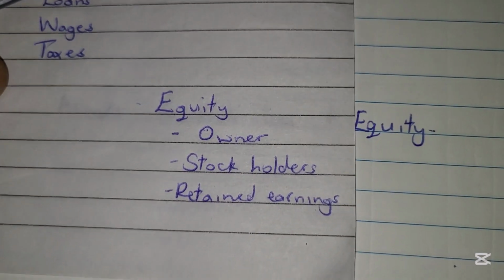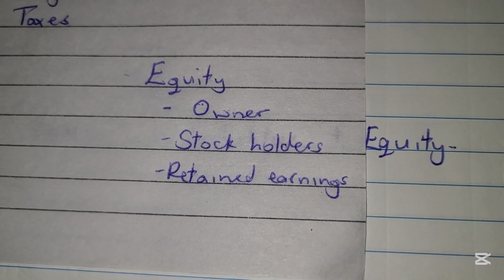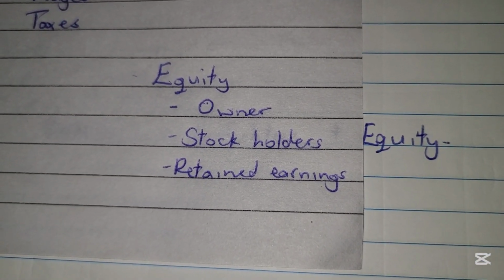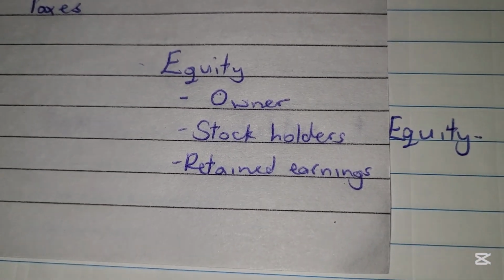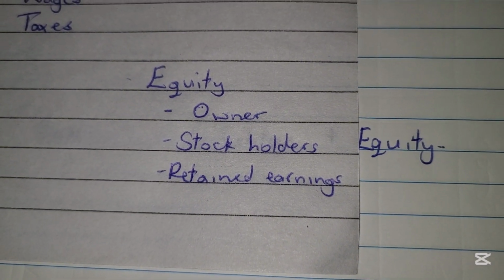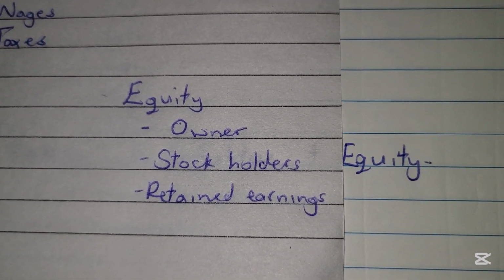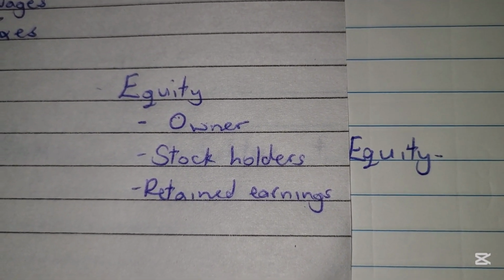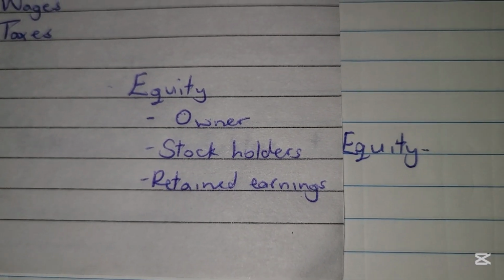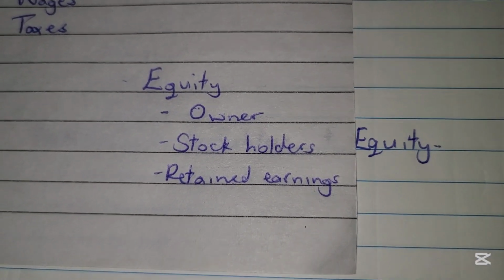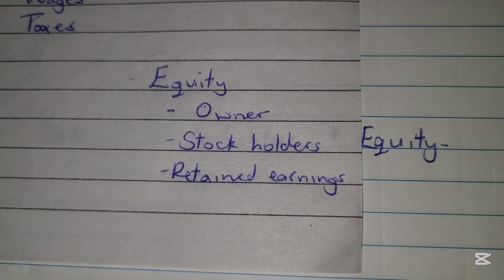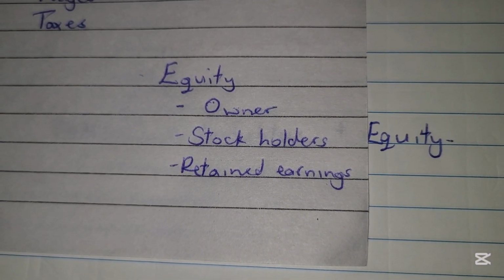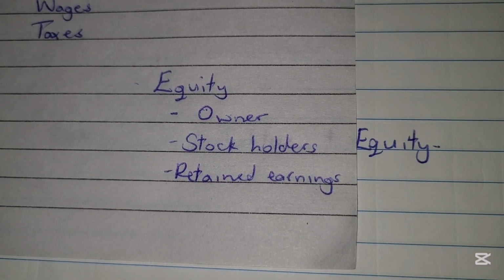Lastly, under the equity side, we have the owner, the money that the owner puts into the business. That is also equity. We can also call it capital. Then the shareholders or stockholders also contribute to capital. Then we also have retained earnings. This is money set aside for business purposes, part of the profits.